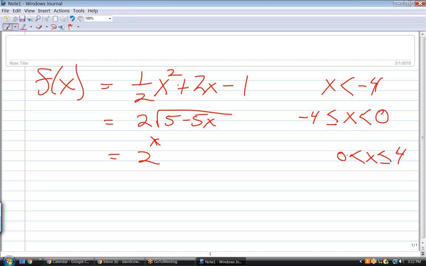Is one of those greater than or equal to? No. So x is not defined at 0? Right. And then it's an absolute value of 3 minus x, and then x has to be greater than 4. All right.